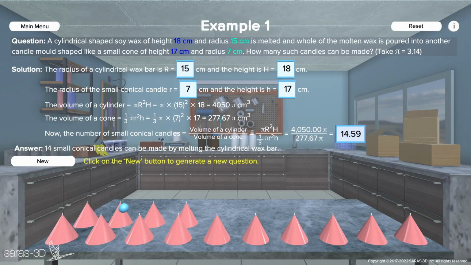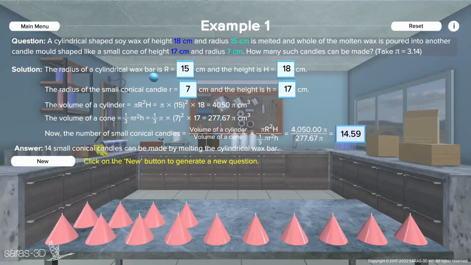Okay, so this way, whenever a question is given to you where you have to find the number of candles or number of balls that is being created by melting or by doing some procedure where the shape of the solid is changed from one shape to another, then you can always use this type of method.